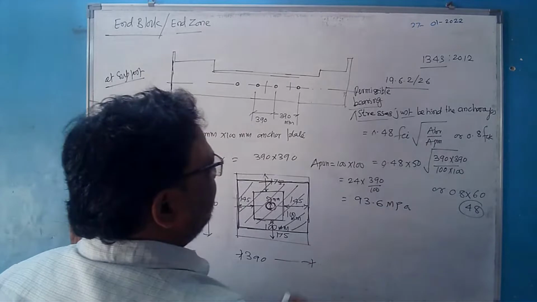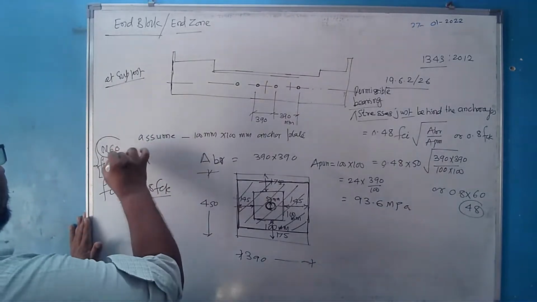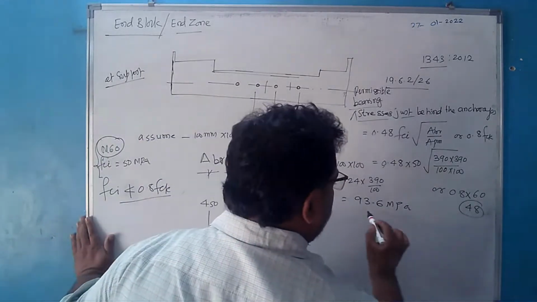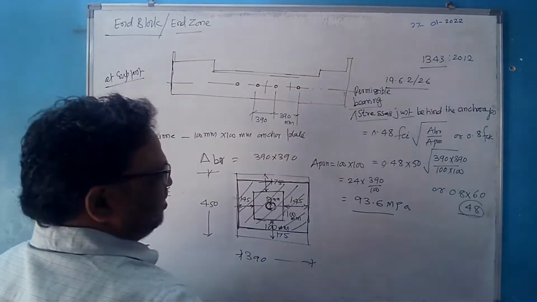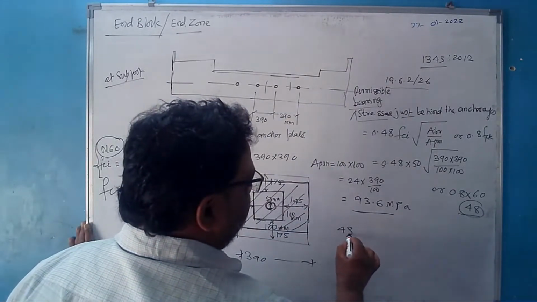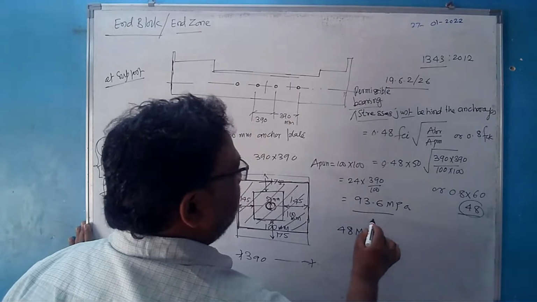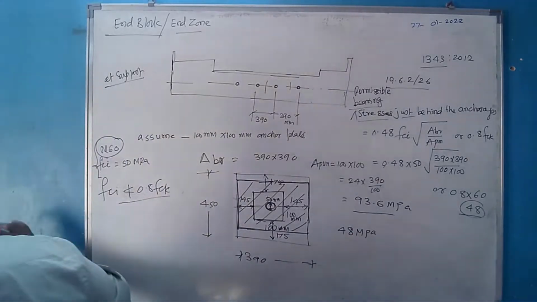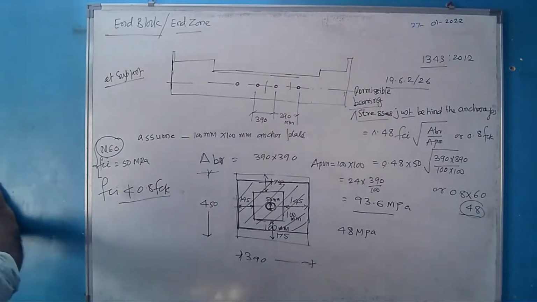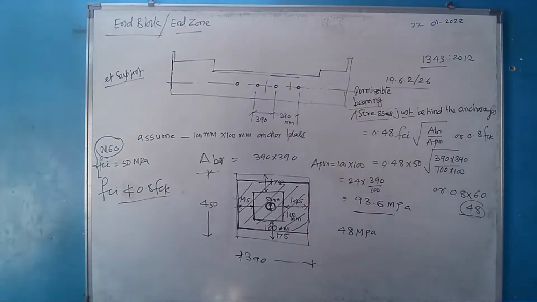That is not possible, because our grade of concrete itself is M60. So the lesser of the two we have to consider as the permissible stress. So the permissible stress can be called 48 MPa. That is 0.48 FCI under root of ABR divided by APUN. So these are the permissible.